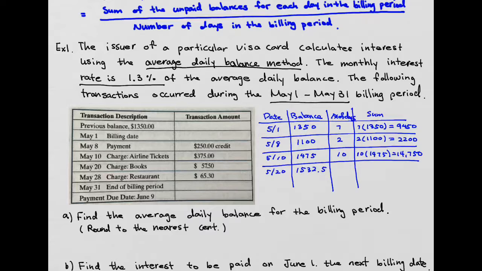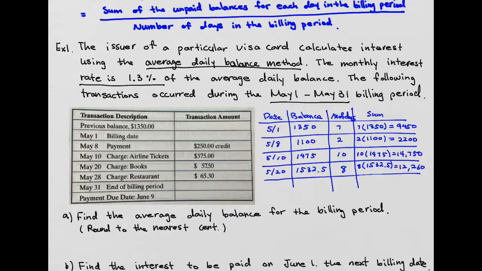You start from 20, 21, 22, 23, 24, 25, 26, 27, which makes that 8 days. And when you multiply that, you get 12,260.